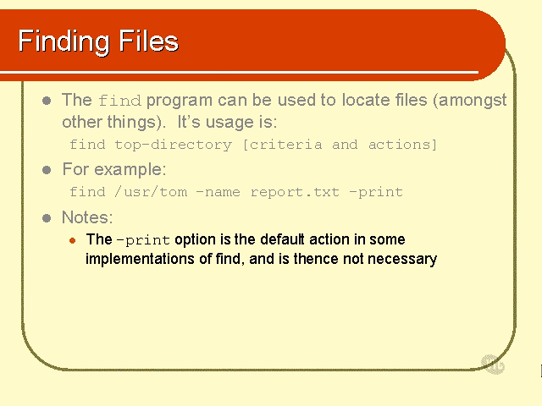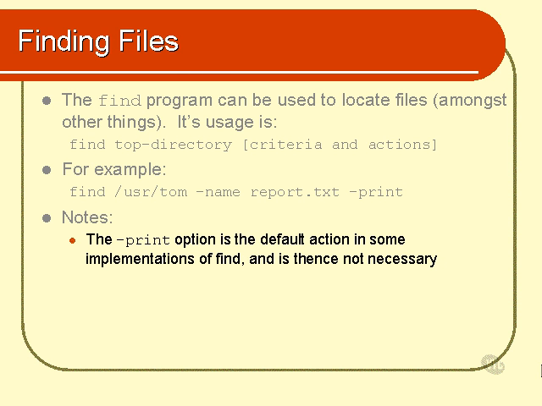The print option that I just mentioned is the default action in some implementations of Find, not all. What that means is, in some versions of Find, on some Unixes, if you want the Find program to actually print the names of the files that it finds on the screen, then you'll actually have to type in the -print option.